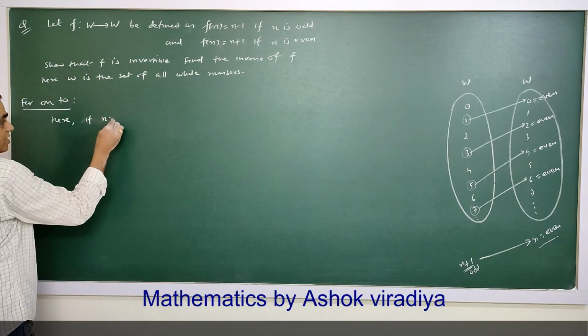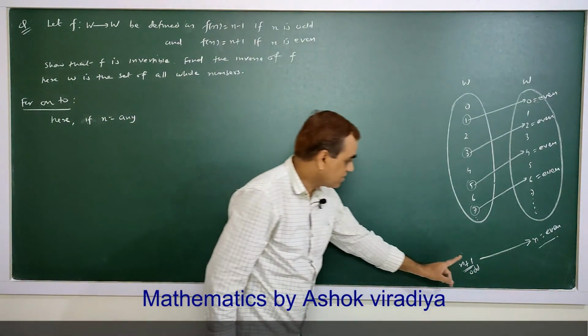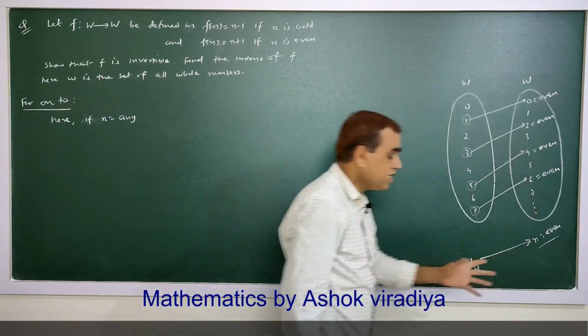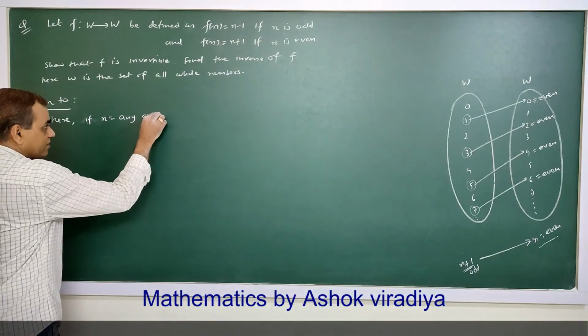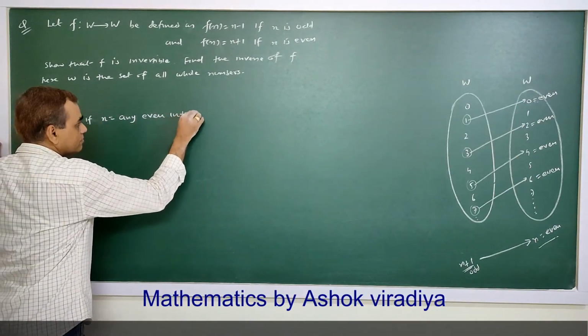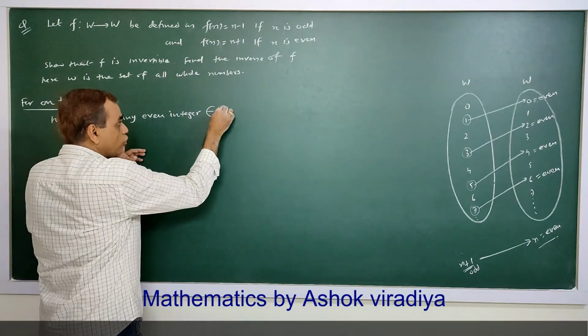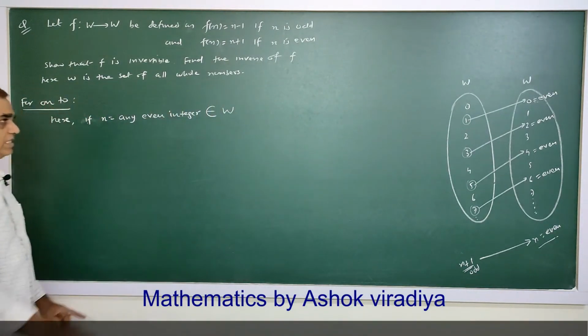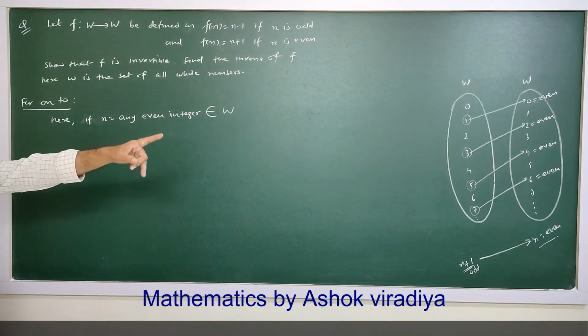If n is any even integer belonging to the codomain, n is any even integer belonging to the second set.